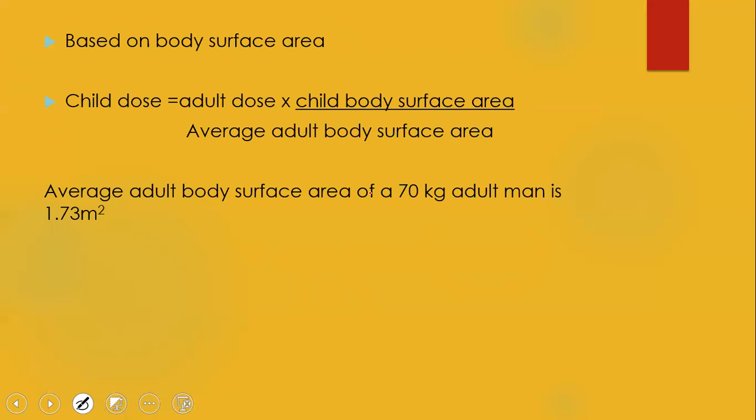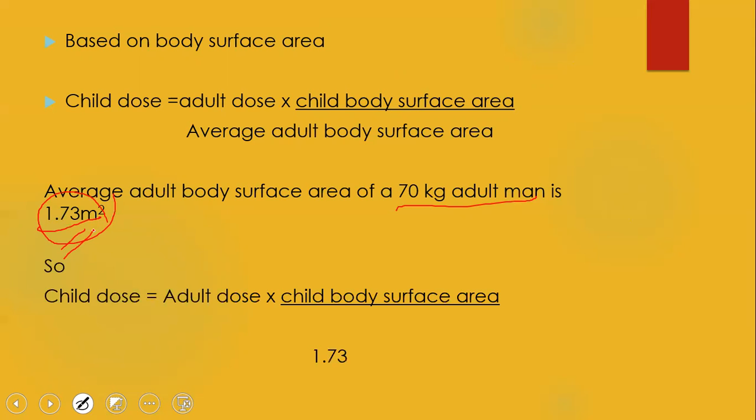The average adult body surface area of a 70 kilogram adult man is 1.73. This you have to remember, 1.73 meter square. So the resultant formula is child dose is equal to adult dose into child body surface area divided by 1.73.